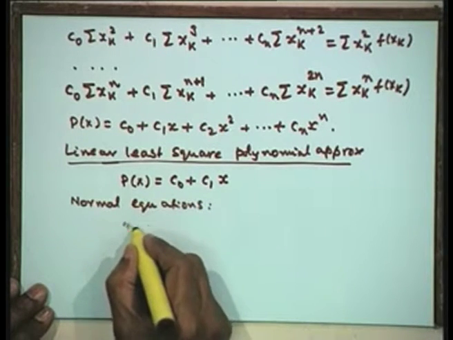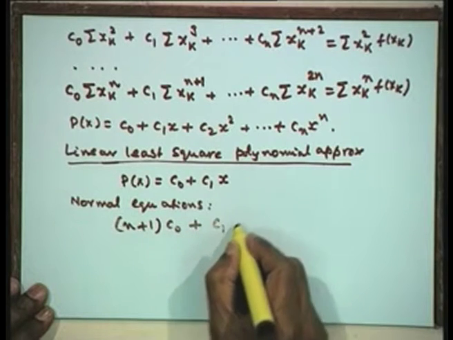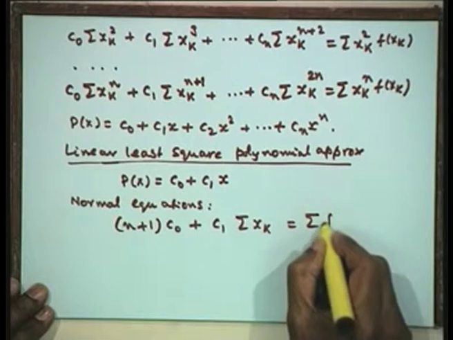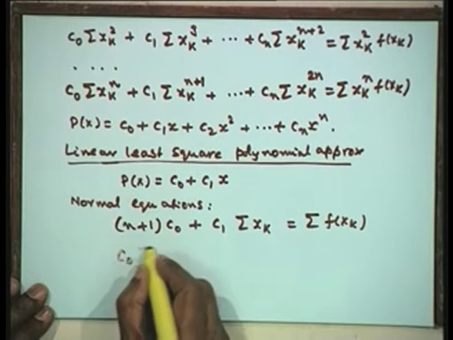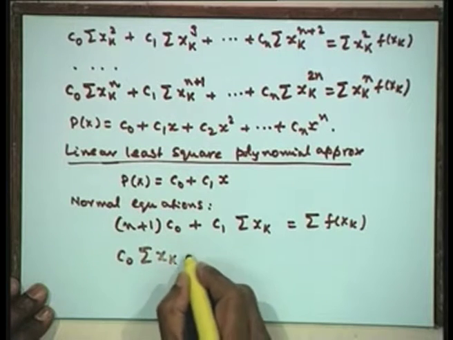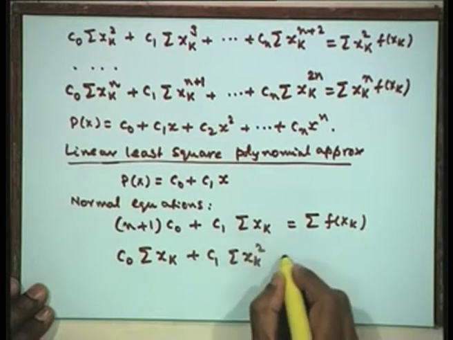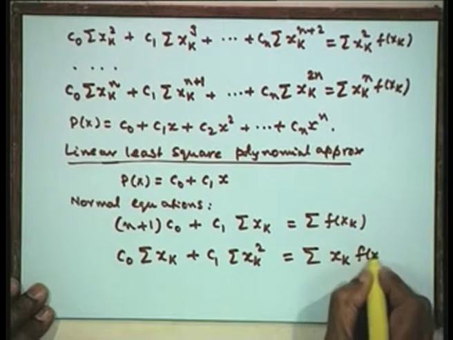n plus 1 C naught plus C 1 summation of x k is summation of f x k, C naught summation of x k plus C 1 summation x k square is summation x k f x k.